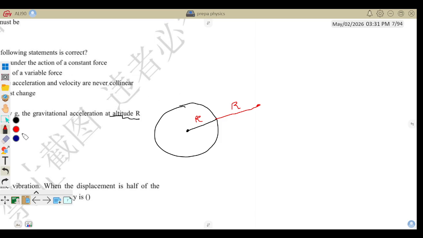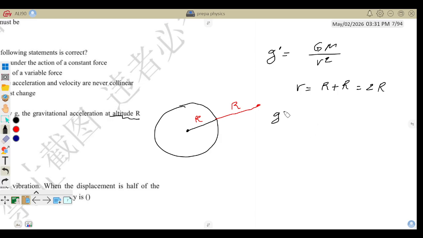So let's calculate the new g. We have g prime equals GM divided by r squared, with r being R plus capital R, let's make it two capital R's.